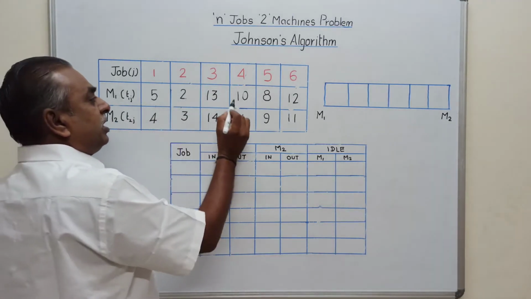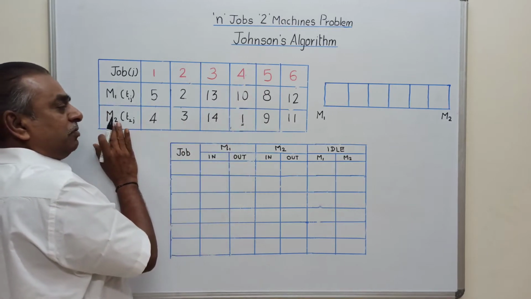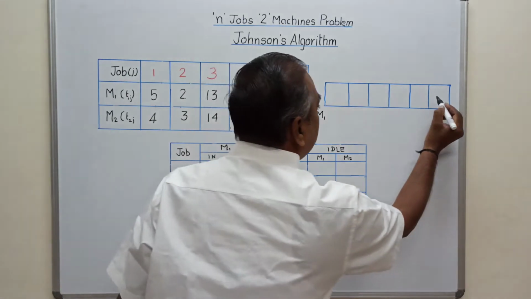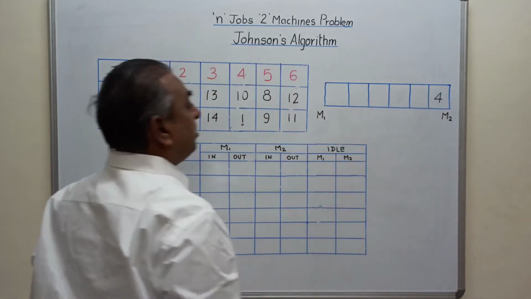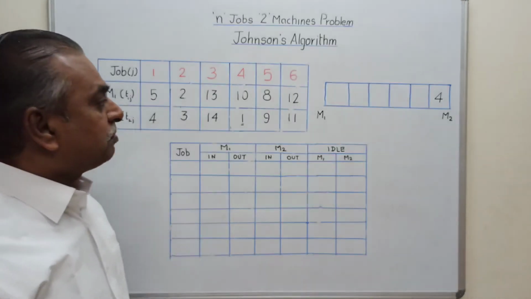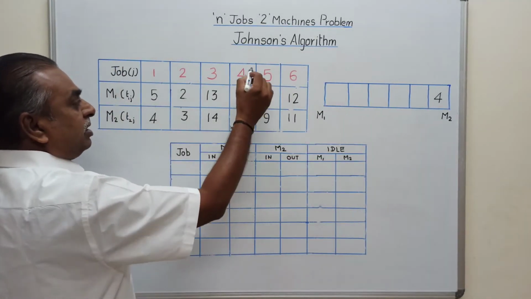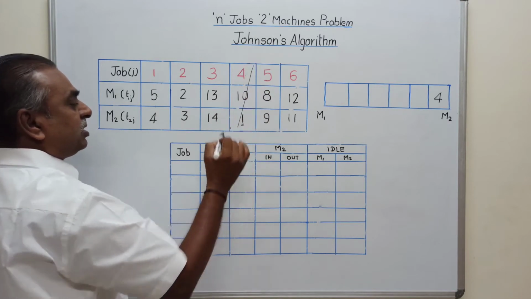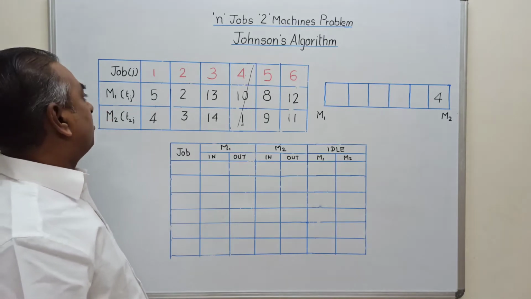So we decide to process job 4 at last, since it is associated with M2. After allotting job 4, we can strike it off. No longer are we going to consider this job.